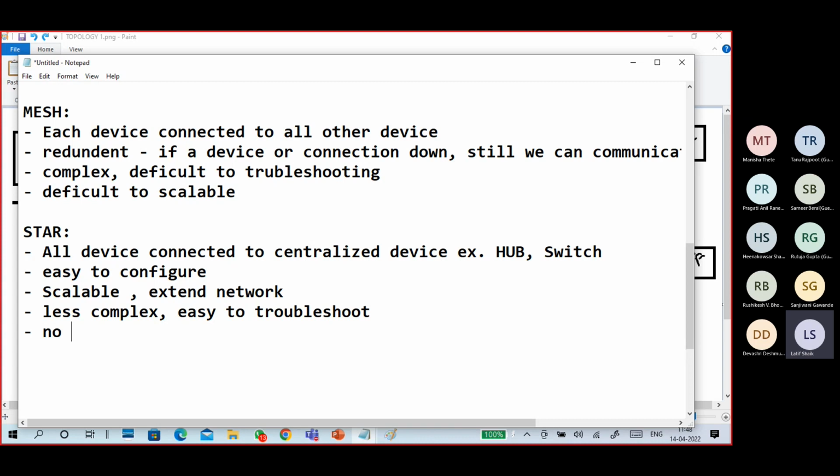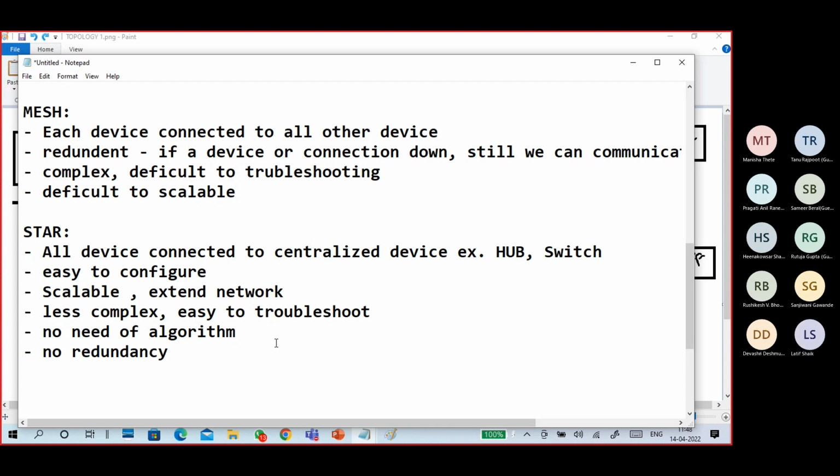Very good. No redundancy, that is a negative point, but still there are a lot of positive points.